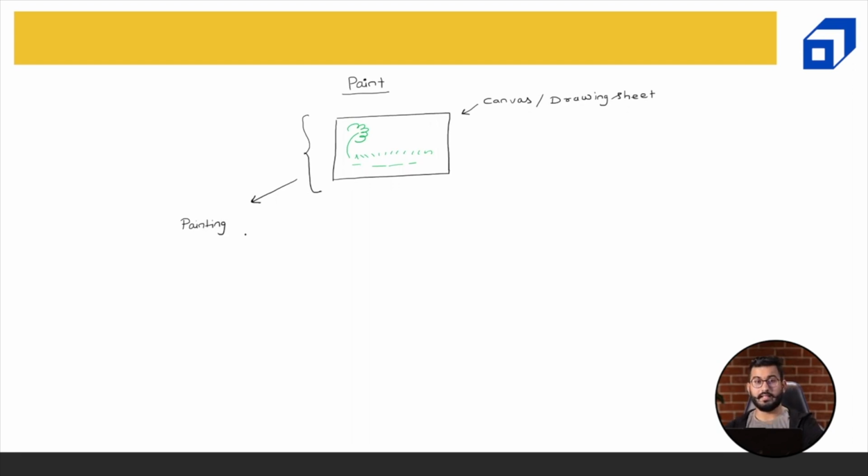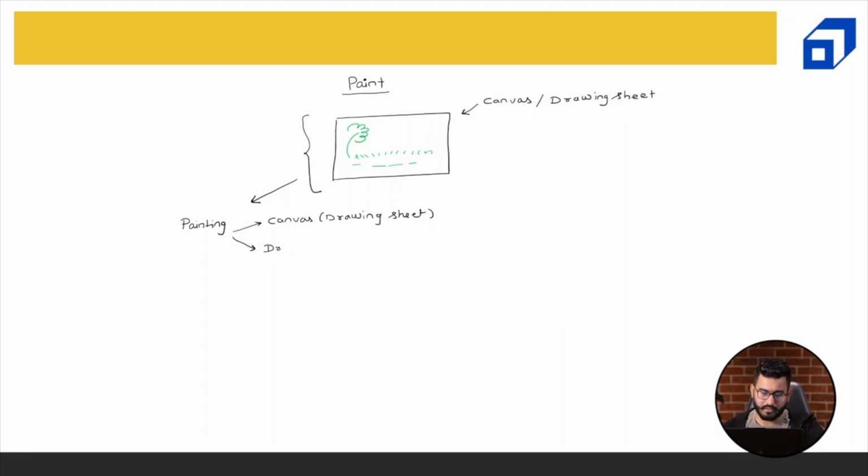Now a painting as an overall structure comes with two components. Number one, we have the canvas or the drawing sheet on which we essentially paint, and then we have the actual drawing or the scenery.